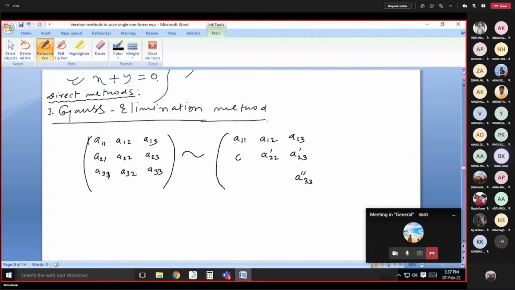And this position 0, this position 0, this position 0. So after doing some elementary row operations, you are transforming your given square coefficient matrix into the upper triangular matrix. Okay. And the process of doing this is known as the Gauss elimination method.